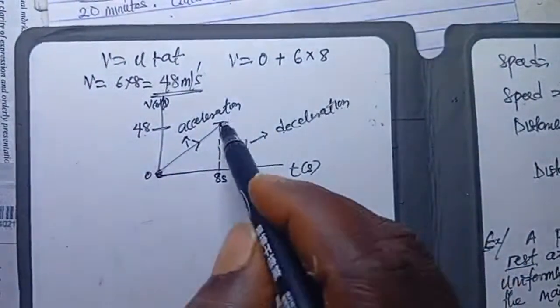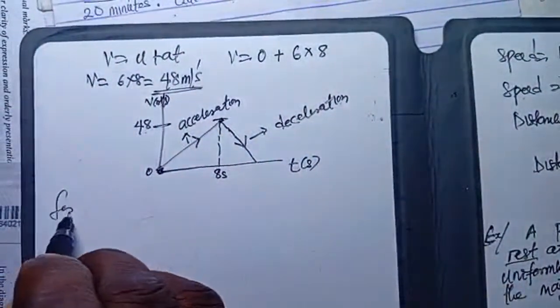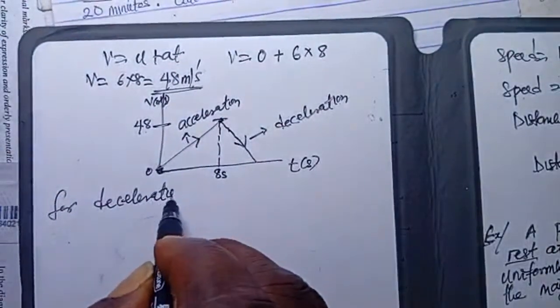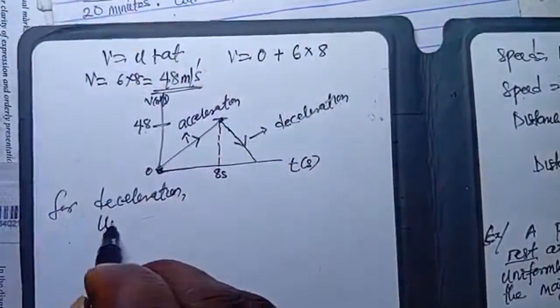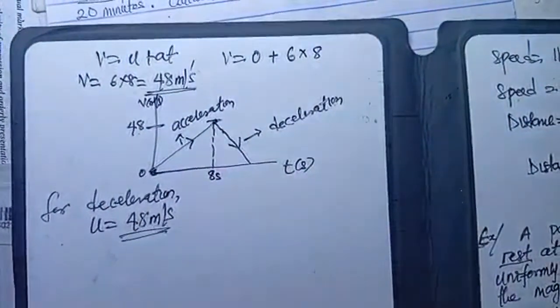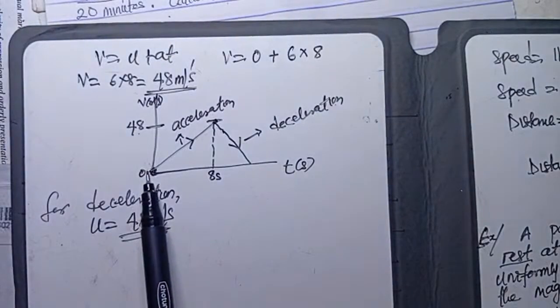When it's now coming down, this will not be the initial velocity. For deceleration, U will now be 48 meters per second. You will still get it clearly later, but with the time. When it is moving up, it's accelerating. When it is coming down, it's decelerating. But when it is accelerating, initial velocity is equal to 0.